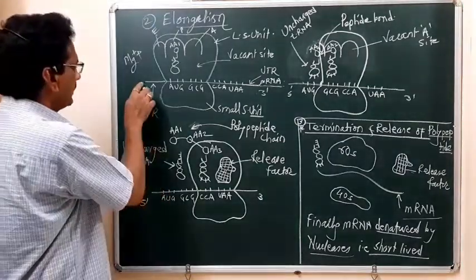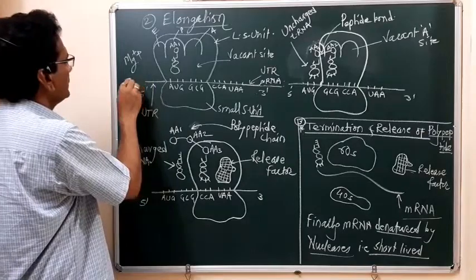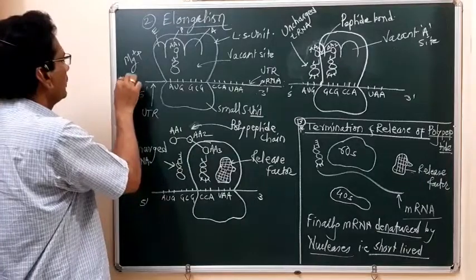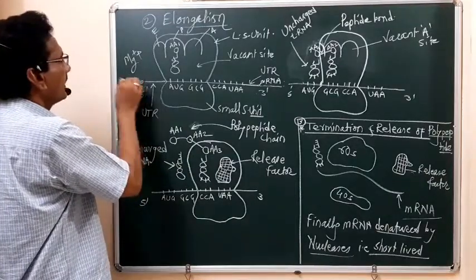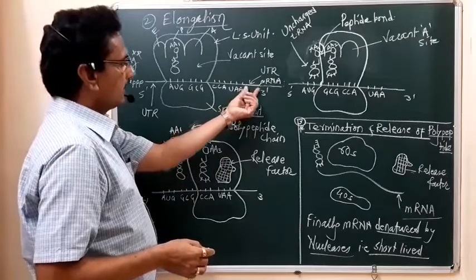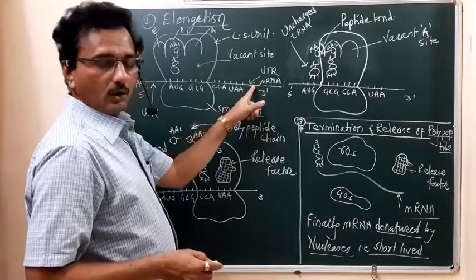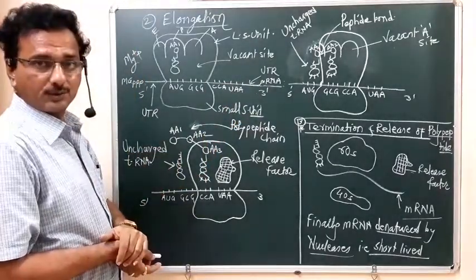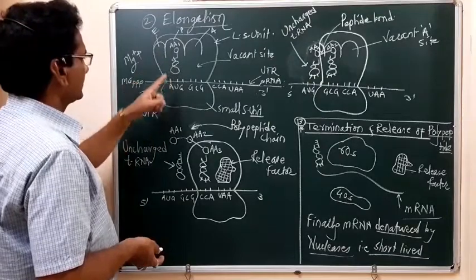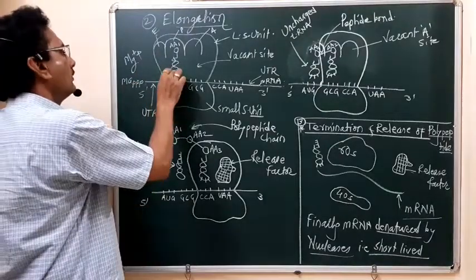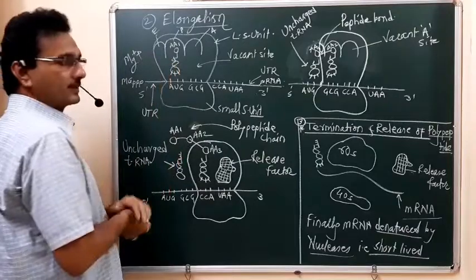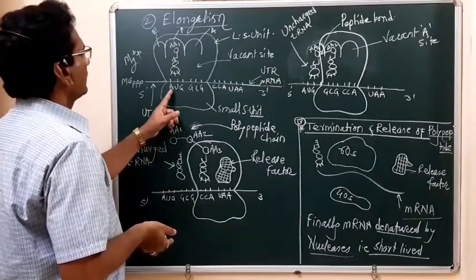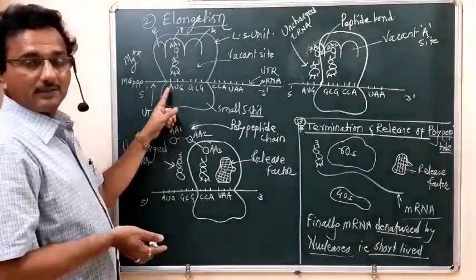Okay, and before this region, here it shows the attachment of the cap, that is methyl guanosine triphosphate. And just after the untranslated region, we observed the poly-A tail. We have seen this in the previous lecture. Okay, at the P site, the first aminoacyl tRNA complex, meaning the charged tRNA molecule, carries the activated amino acid.